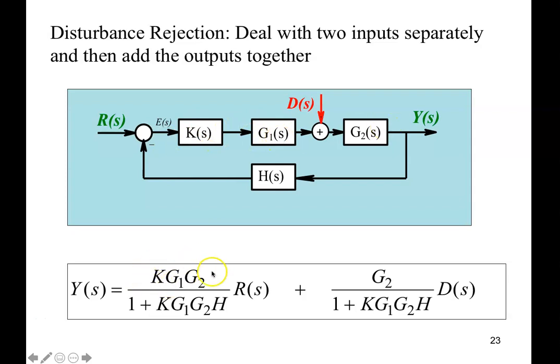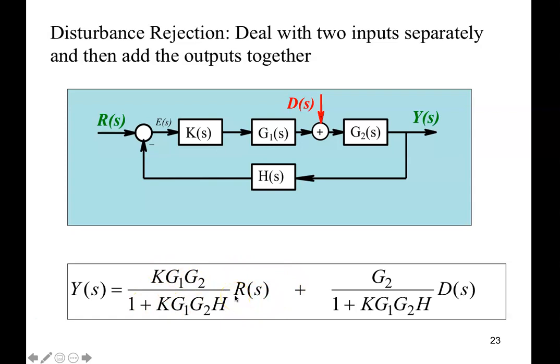So in the numerator, just k times g1, g2. In the denominator, I have a closed loop. There are 4 terms there. So it's 1 plus k times g1, g2 times h. Now that's the transfer function between r and y. Therefore, this part of output y equals that transfer function times the input.